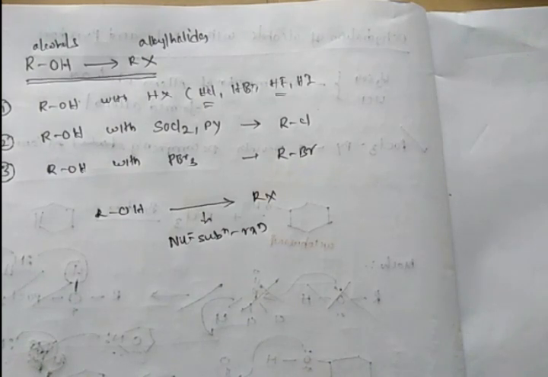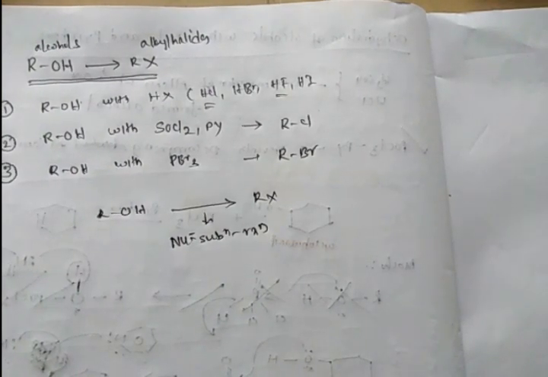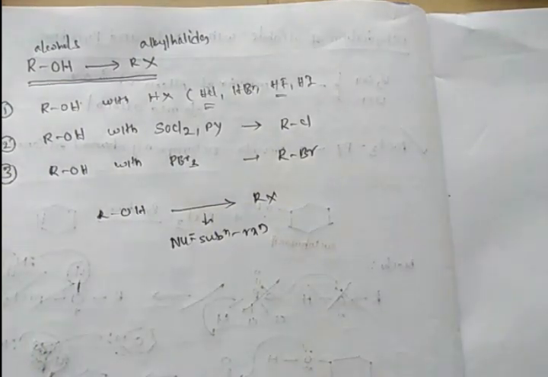After this conversion of alcohols into alkyl halides, we will discuss the oxidation reactions. First we will discuss these three reactions. So what is the first? You have to know the conversion of alcohol into alkyl halide.